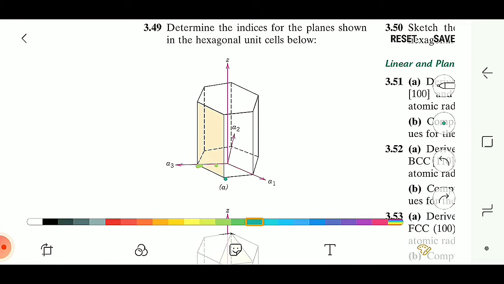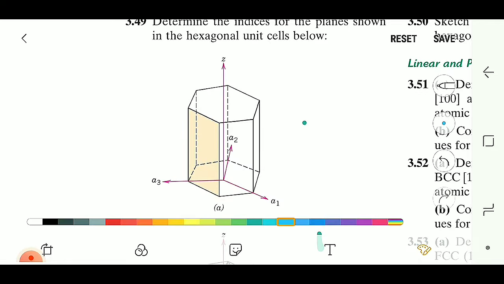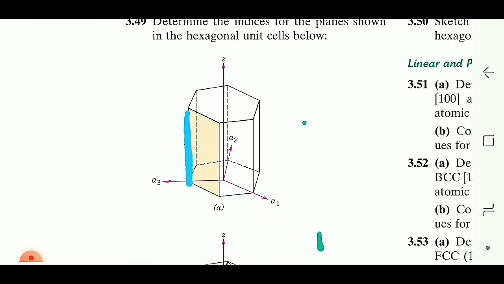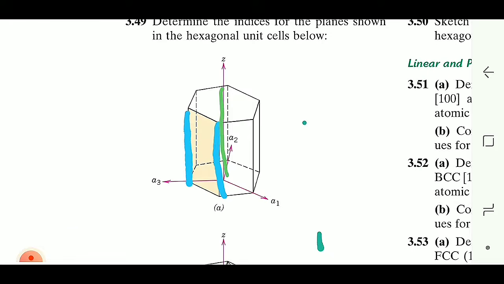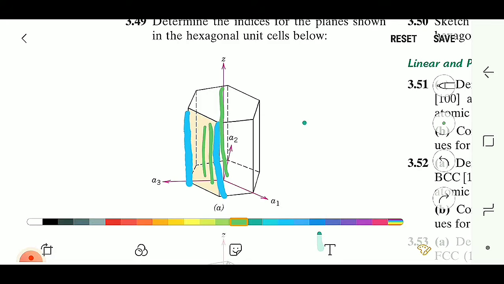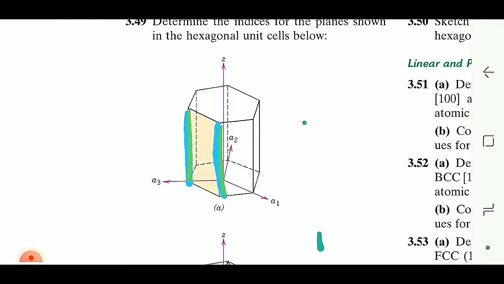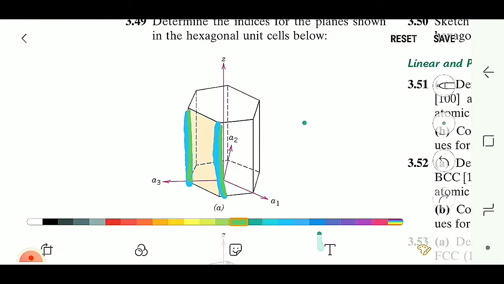As you can see here, these vertical lines are the plane's vertical lines, and they are parallel to the z-axis, as the z-axis is vertically upward, and the plane also has boundary lines. You don't need to see all of the lines, you can see the boundary lines, and the boundary lines are these ones, and they are parallel to the z-axis.